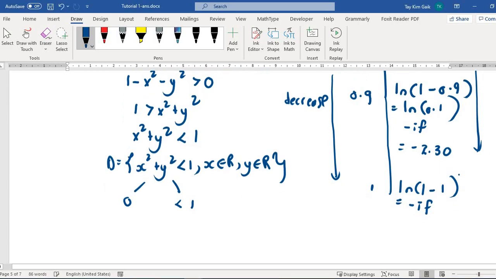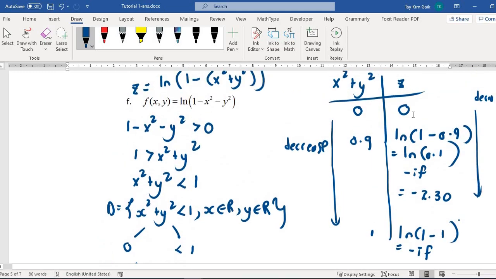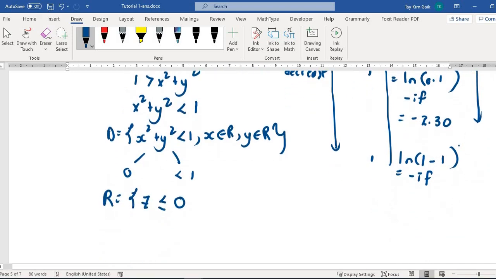That's why the range is actually z less than or equal to 0, including 0. From 0 decreasing up to negative infinity, that's why the range is z less than or equal to 0, where z is a member of real numbers.